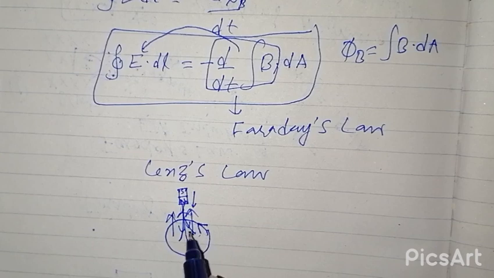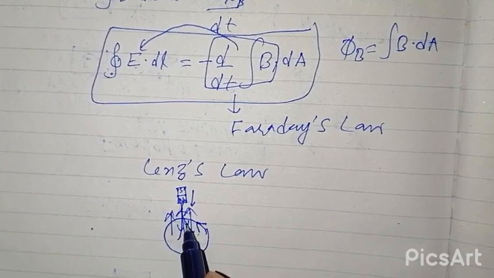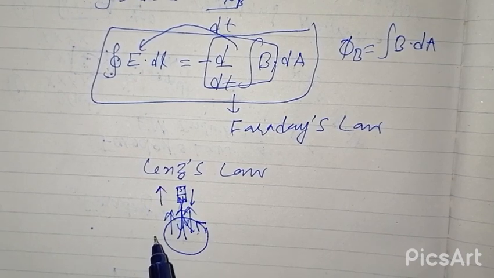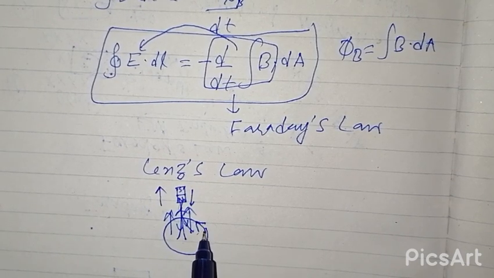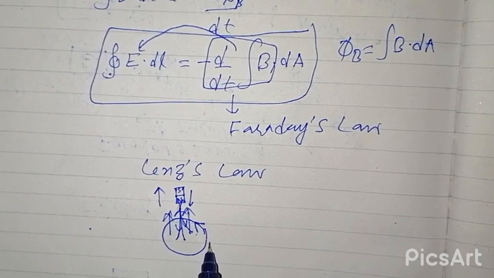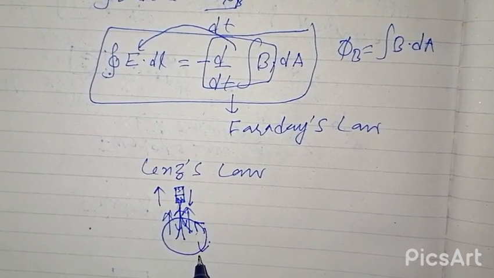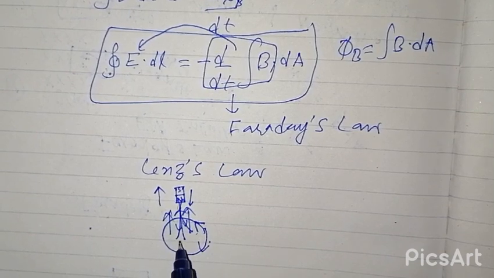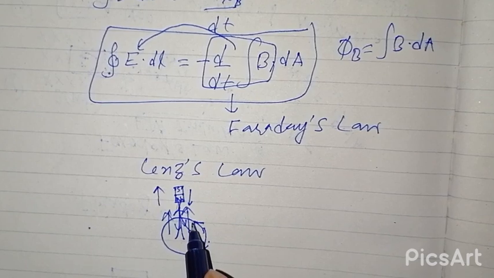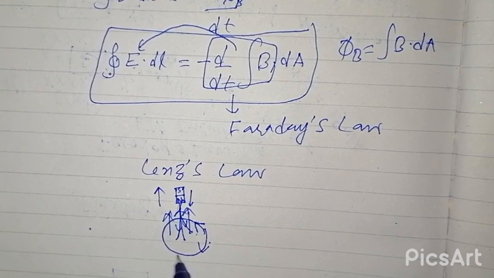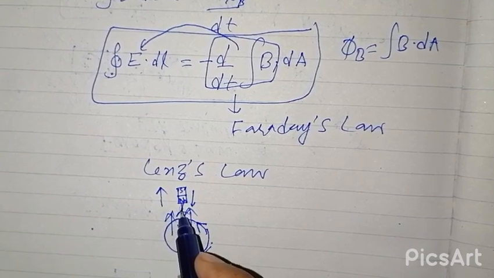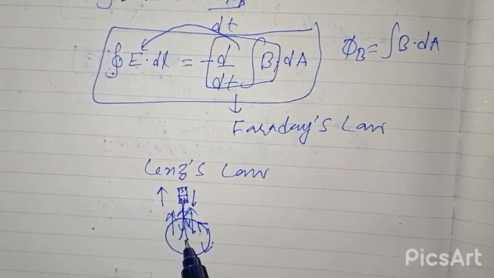So always the direction of current will be given like that. If you move this magnet upward, then the magnetic field will support this magnetic field. So EMF will be in this direction, and the induced current will be in this direction, and that will support the magnetic field of this.